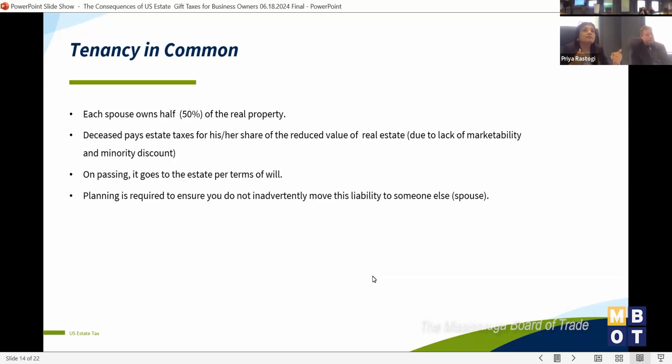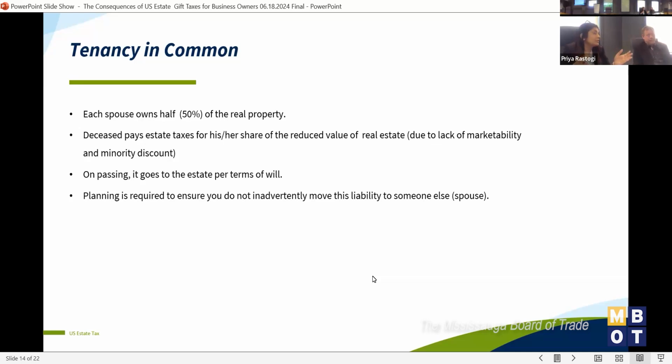If I have to buy only 50%, there's a lack of marketability, and then I get a minority discount as well. So if the structure is tenancy in common, the deceased pays estate taxes on the reduced value of the estate. And on passing, we need to do some planning so that the passing goes as per the terms of the will.